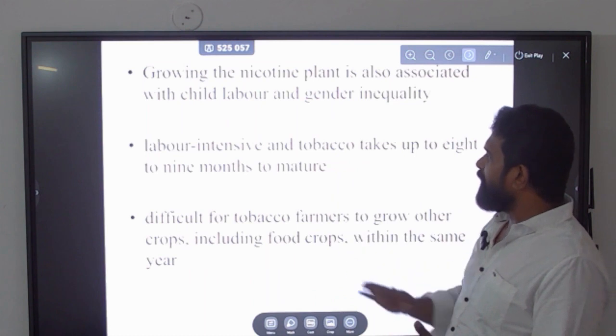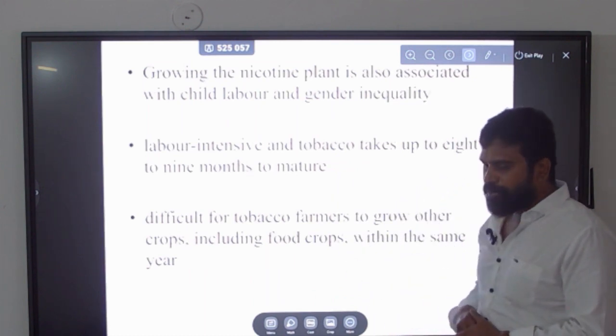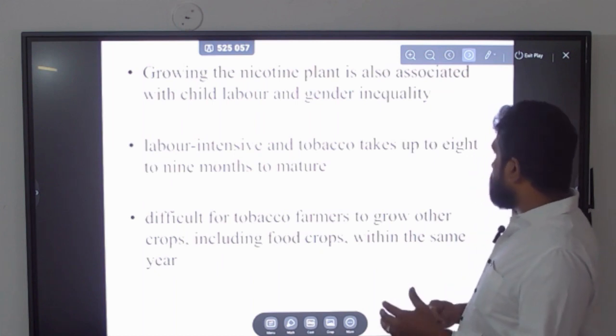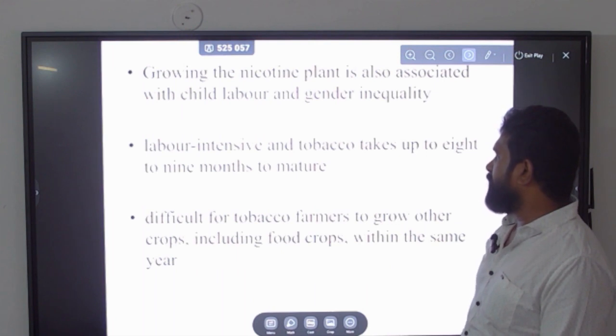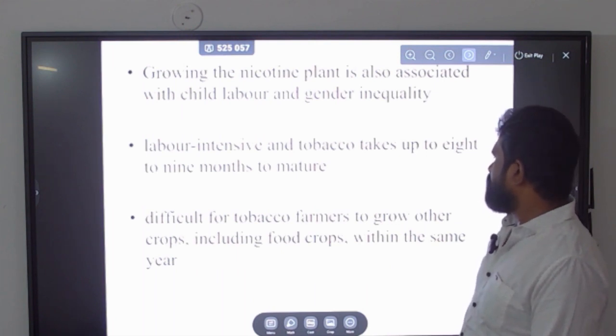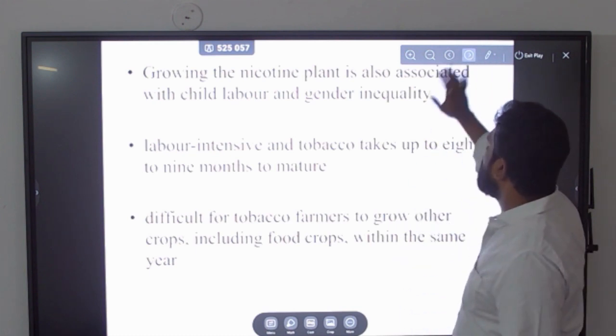Tobacco takes 8 to 9 months to mature, and within that time there are a lot of problems with tobacco.